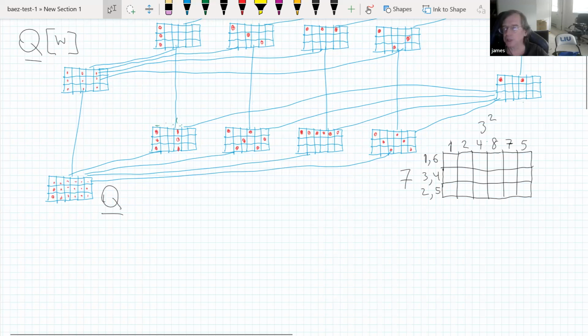That would be a 42-element thing. And then you'd have to mod out by a 14-element subgroup in order to get this 3-element thing, I think. So let's see, is that right? 42, yeah, right.